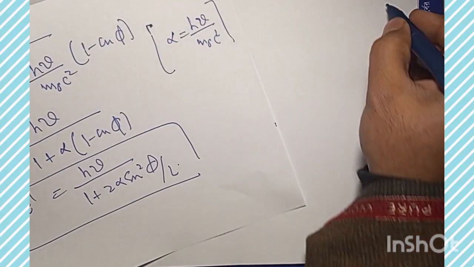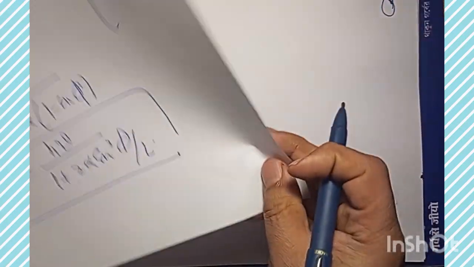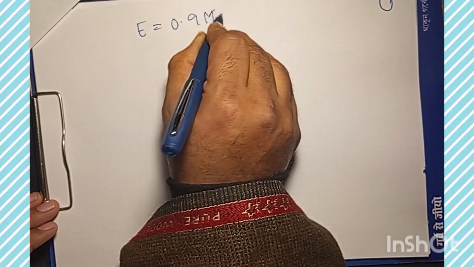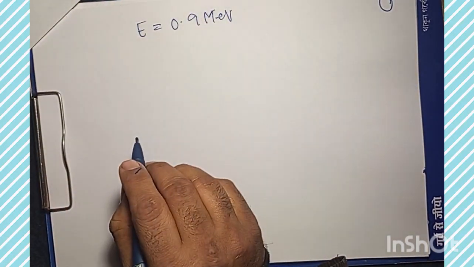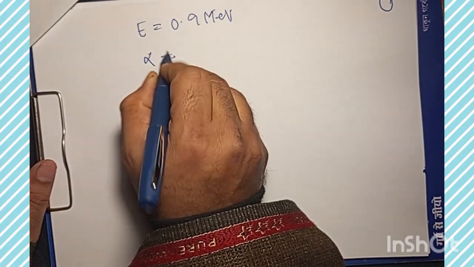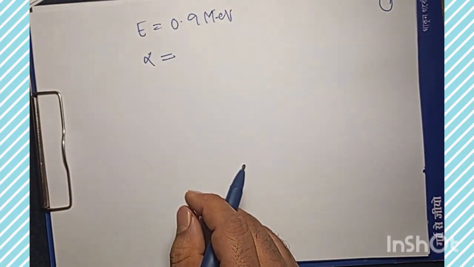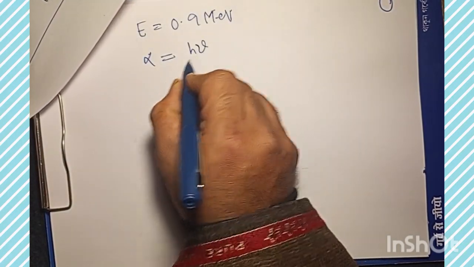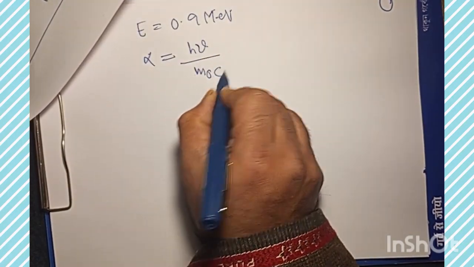What is given is E as 0.9 mega electron volts. And what else do I want? I want alpha. What is alpha in my case? It is h nu by m naught c square.